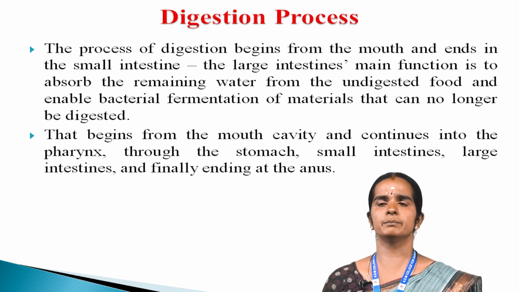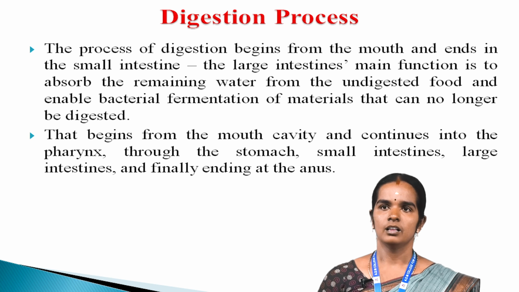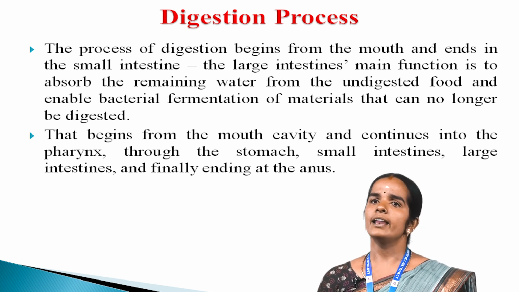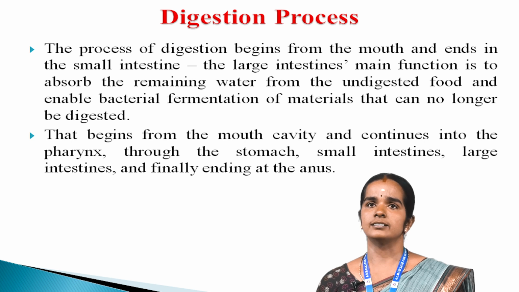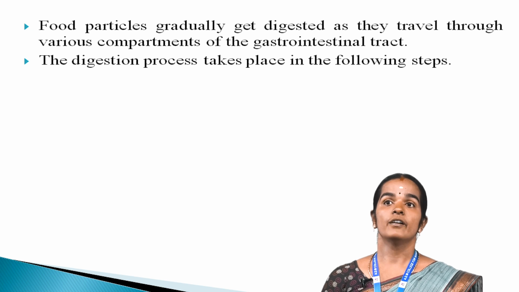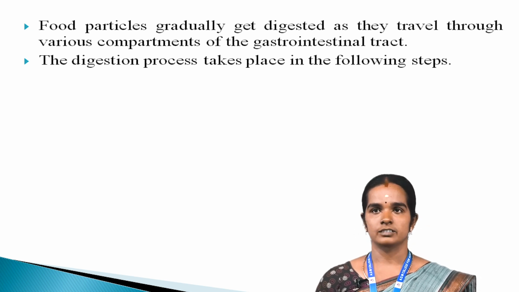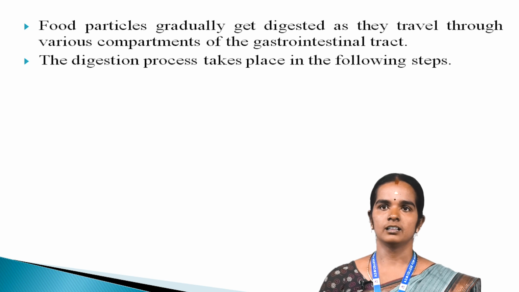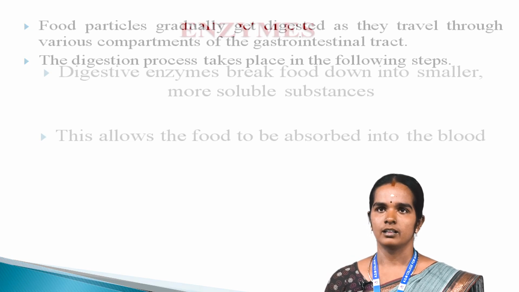It begins from the mouth cavity and continues through the stomach, small intestine, large intestine and finally ends at the anus. Food particles gradually get digested as they travel through various compartments of the gastrointestinal tract, called the GI tract. The digestive process takes place in the following steps.